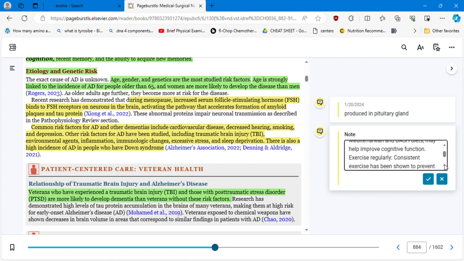And this can help improve cognitive function. Also the exercise, also how we can reduce risk factors. Although Alzheimer's has a genetic component, research has shown that certain behaviors such as reducing stress, managing blood pressure, and staying mentally active can reduce your risk.